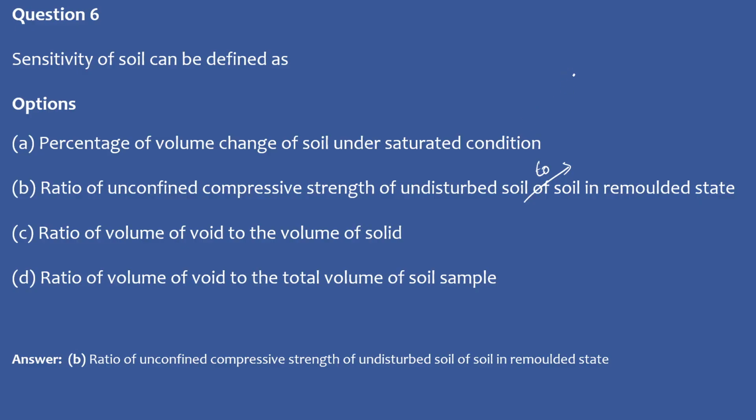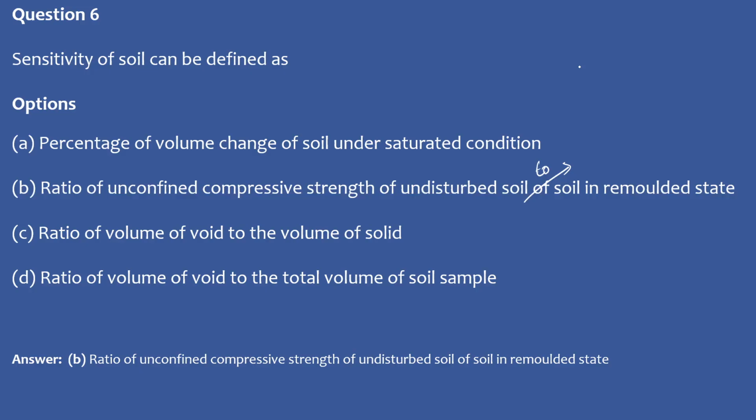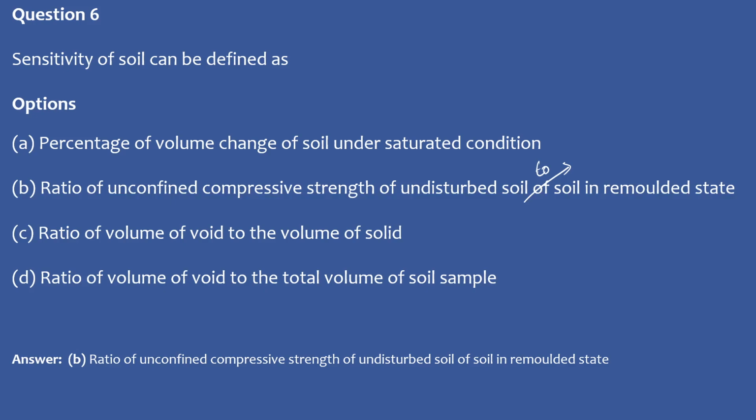Similarly for soil, in layman's terms, if I apply a certain force on your soil particles, to what extent is your soil composition getting changed? That's what I mean in terms of spatial variation.